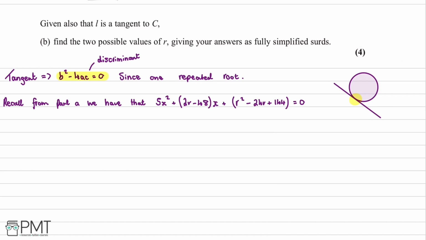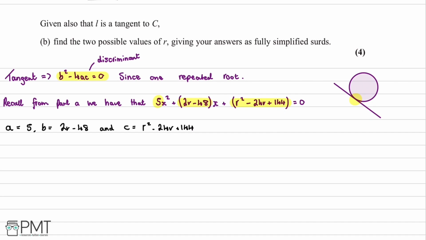So we see this is a quadratic equation, and we have coefficients in front of the x squared, the x term, and then the constant term. So this means that we can say that a is equal to 5, b is equal to 2r minus 48, and finally c is equal to r squared minus 24r plus 144.